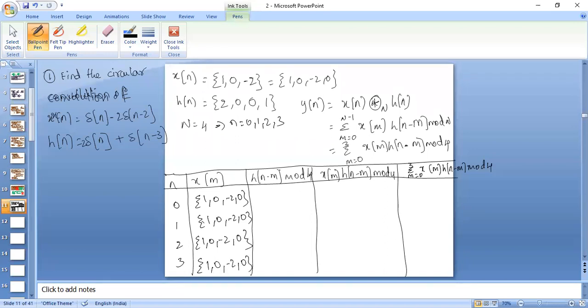Now h of n minus m. When n is equal to 0, it is h of minus m mod 4, right? So let us write h of minus m mod 4. Consider the origin sample as it is, the way we do time folding. Consider the origin sample as it is and consider the remaining samples in reverse order. So 1 0 0 2.